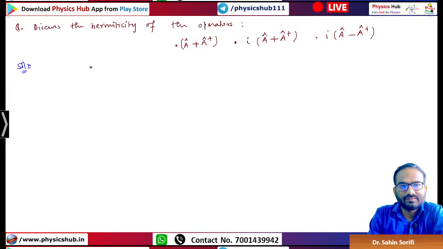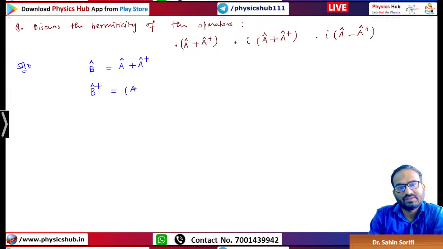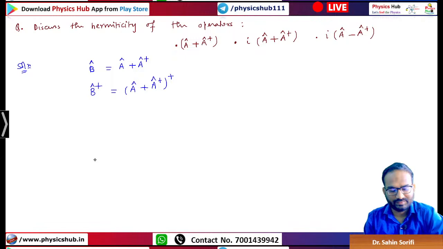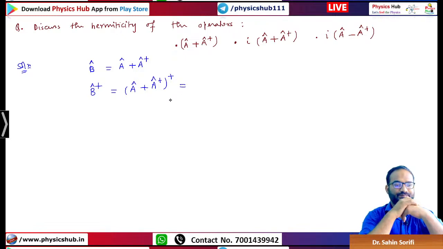Let's say operator B is denoted by A plus A dagger. Now if it is Hermitian, what do we have to do? You have to check B dagger. B dagger means (A plus A dagger) whole dagger. Now look, what does it give you?